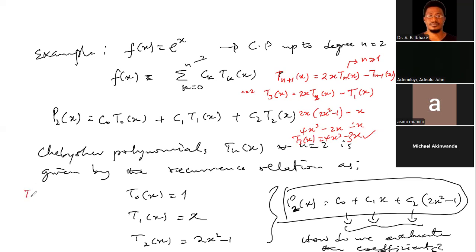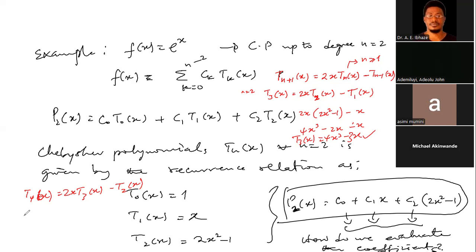So to the fourth, T4 will now be the same as when n is 3. So for T4 of x, that will be 2x T3 of x minus T, so recall that for us to have T4, n has to be 3. So 3 minus 1, that'll be T2 of x, right?